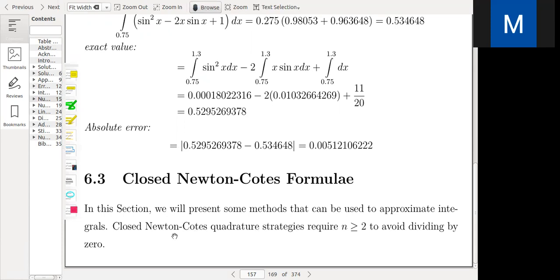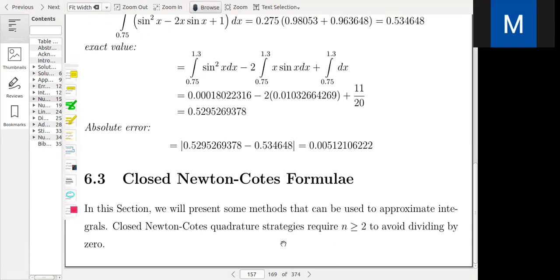Next is the example of closed Newton-Cotes formulae. What's the difference is that we will present some methods that can be used to approximate integrals. Closed Newton-Cotes quadrature strategies require the value of n to be greater than or equal to 2 to avoid dividing by 0.